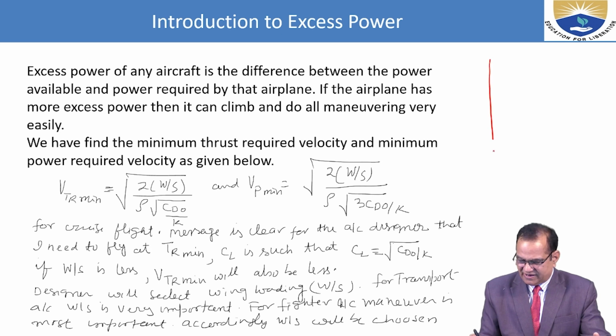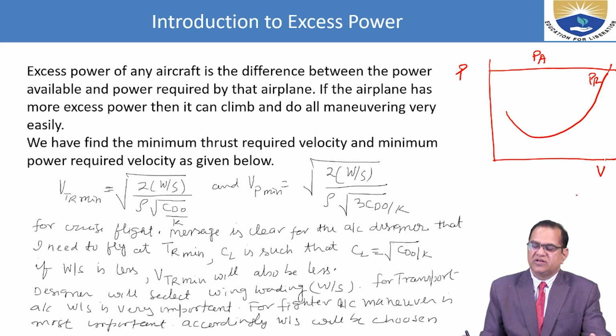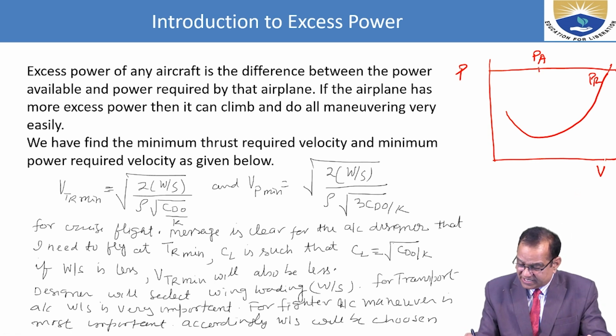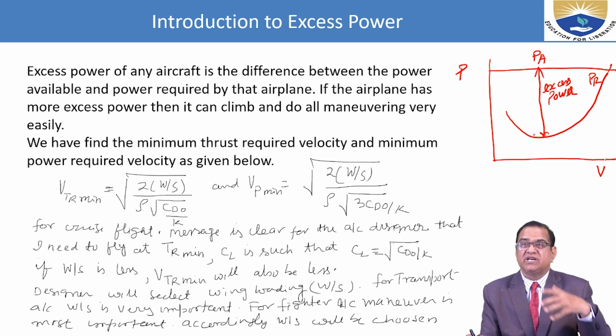So if I draw, this is the power required, and this is the power available. The difference between this and this is the excess. The higher you have this value, the more climb and maneuvering your aircraft can perform.